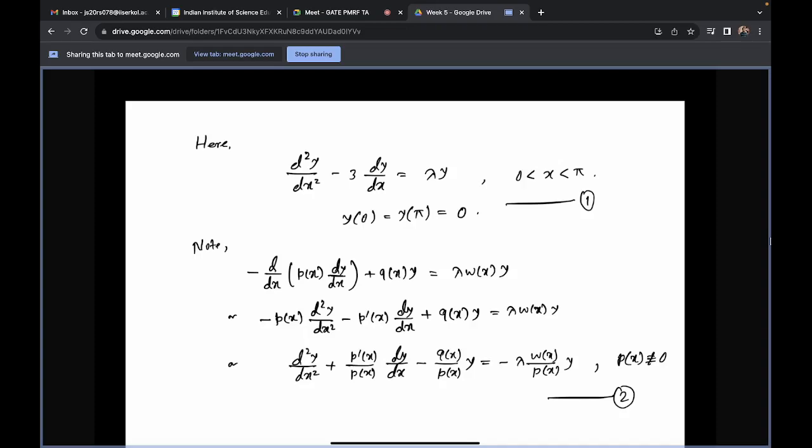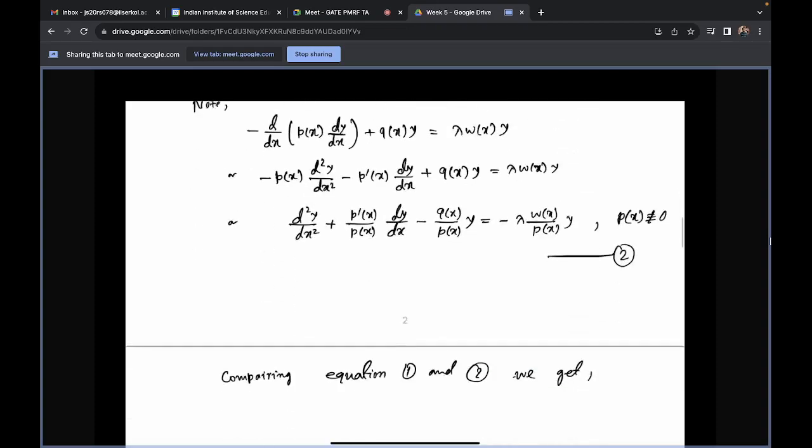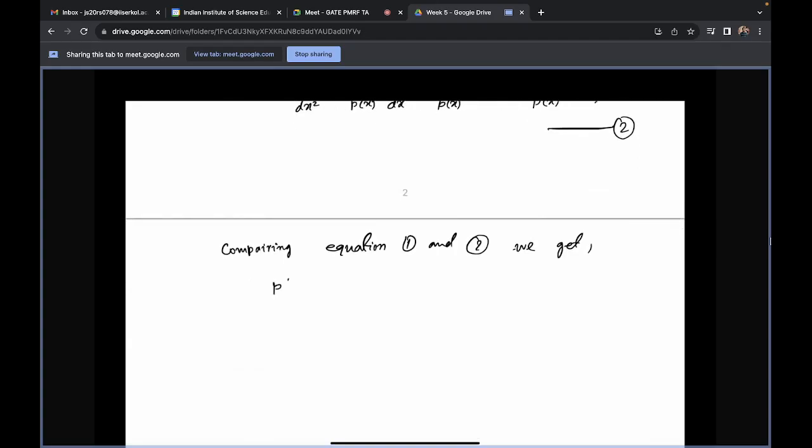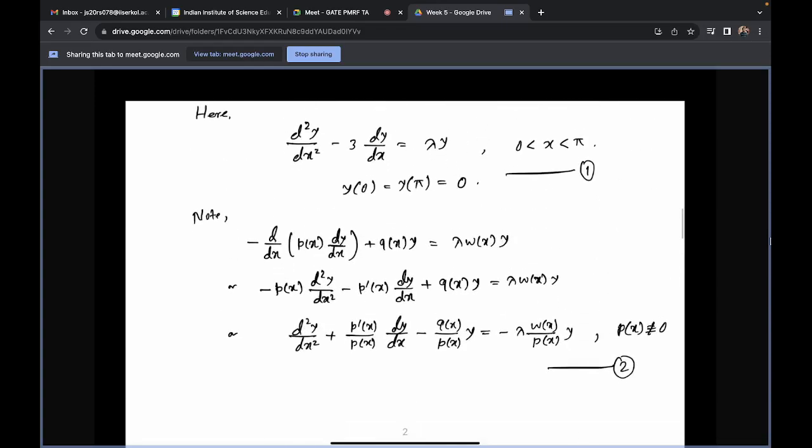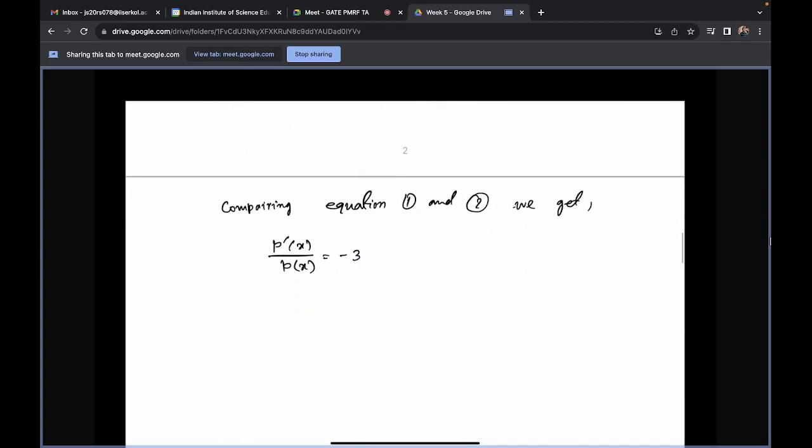Coefficient of dy/dx is minus 3 here, and here it is p dash(x) by p(x), so p dash(x) by p(x) is minus 3. Next, there is no coefficient without lambda, so q(x) by p(x) is basically 0.